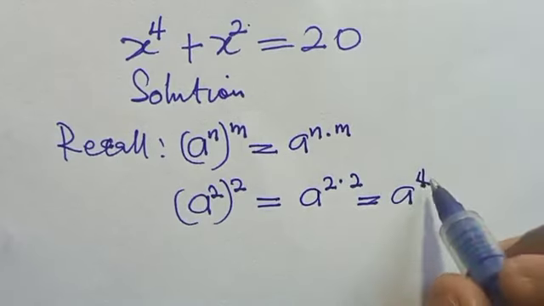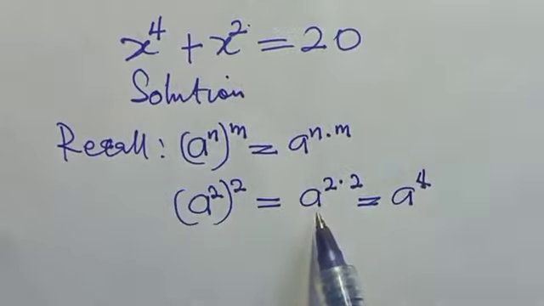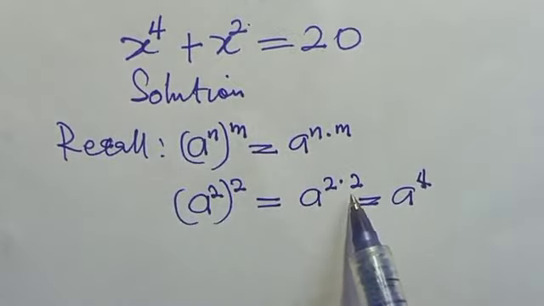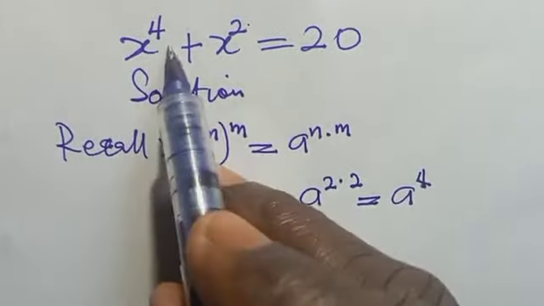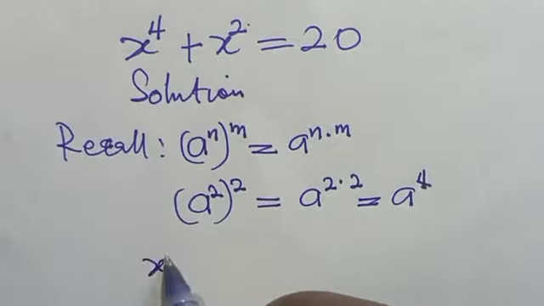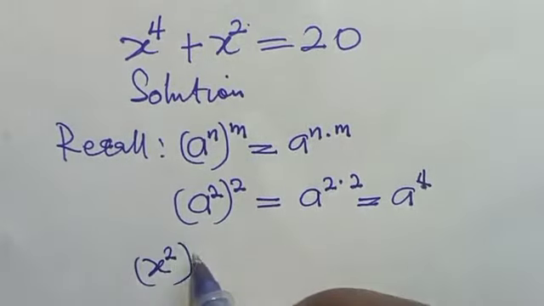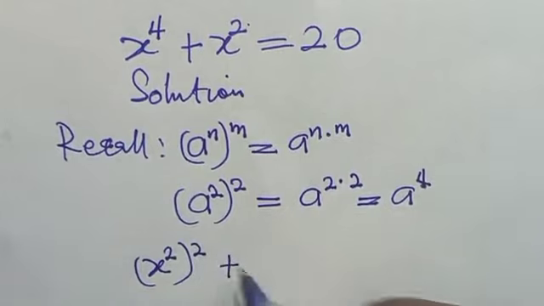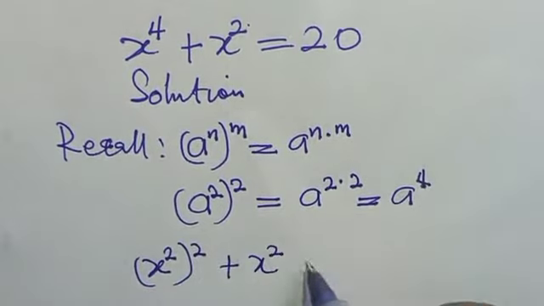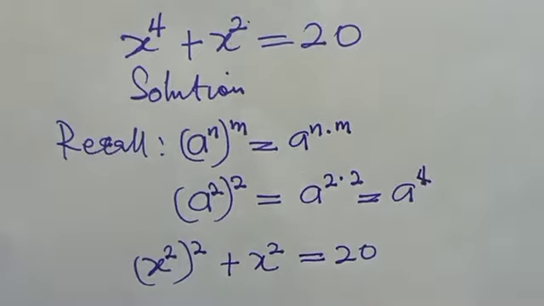You see? So we can write s raised to power 4 as s raised to power 2 raised to power 2. So our original equation becomes s raised to power 2 raised to power 2 plus s raised to power 2 equals 20. And this is fine.